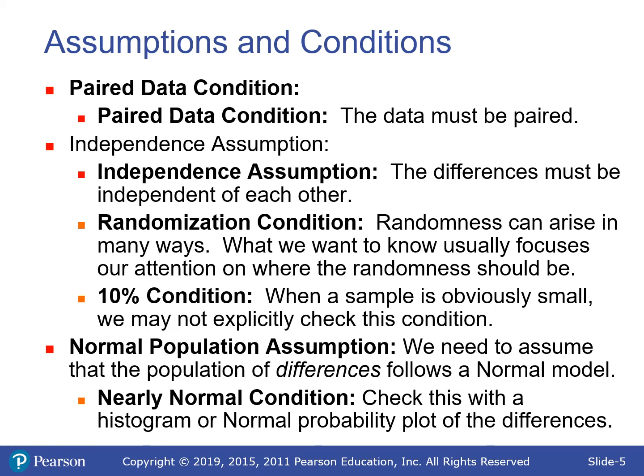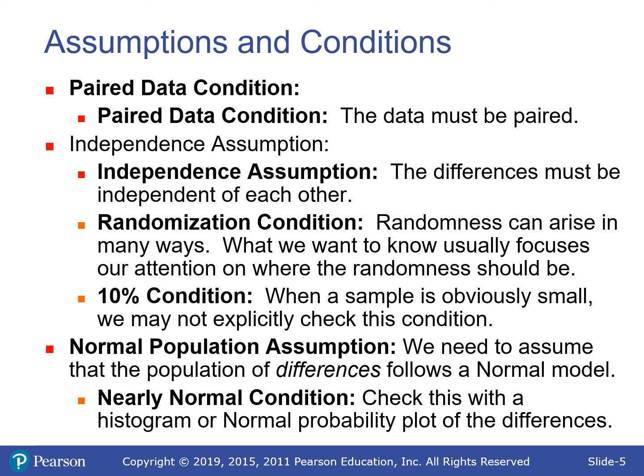The randomization, the randomness can happen a lot of ways. We need to focus on what the random should be. But again, generally speaking, if we're doing a problem, it'll say that it was randomly collected or collected using a simple random sample of volunteers and whatever.